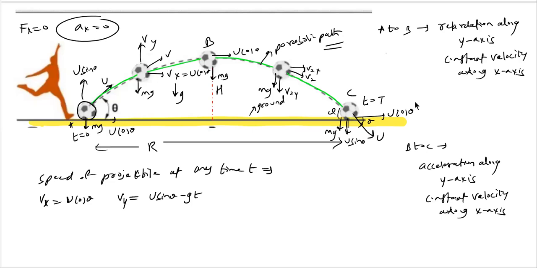Now we'll continue further. We'll find the speed at any time t. So v equals the square root of vx square plus vy square.